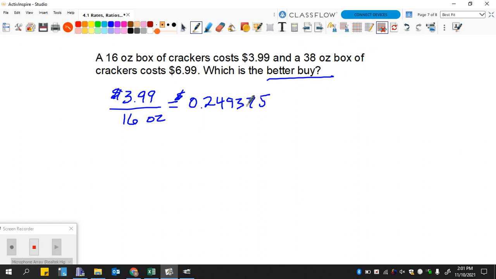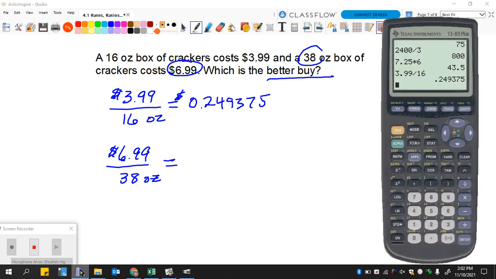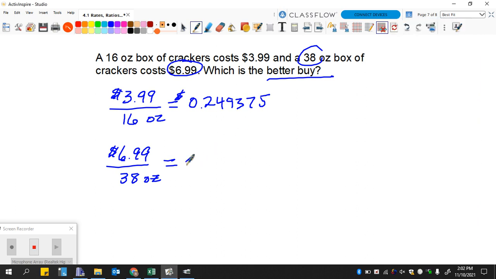All right, so if we look at the 38-ounce box for $6.99, we're going to say $6.99 for a 38-ounce box. We do the same thing: $6.99 divided by 38 is 0.18394.